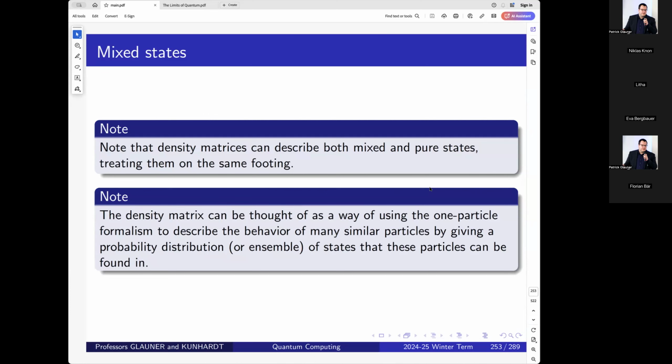Feel free to look at more examples in the book if you wish. And the density matrix can also be interpreted as a way of using the one-particle formalism to describe the behavior of many similar particles by giving a probability distribution, or thus an ensemble of states that these particles can be found in.